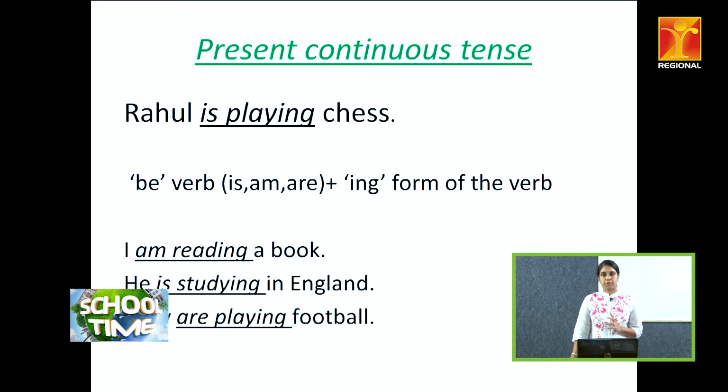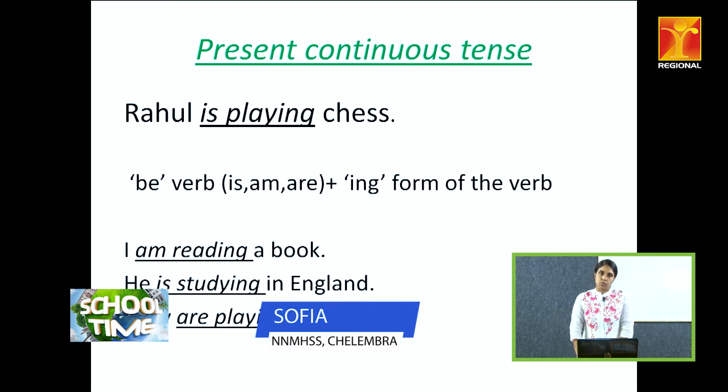We will get present continuous tense by adding a be verb plus the ing form of the verb. That is, is, am, are plus the ing form of the verb. And see another examples. I am reading a book. That is happening now.